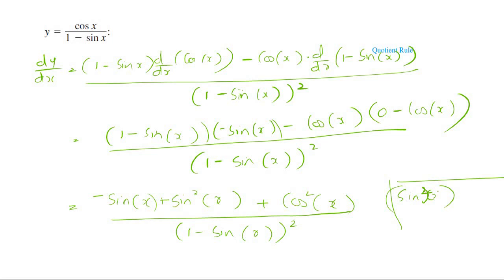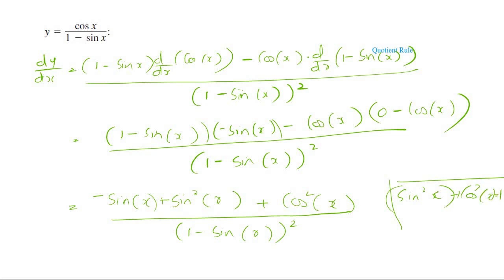Let me redraw that. That's correct. Sin x squared plus cos squared x is equal to 1.